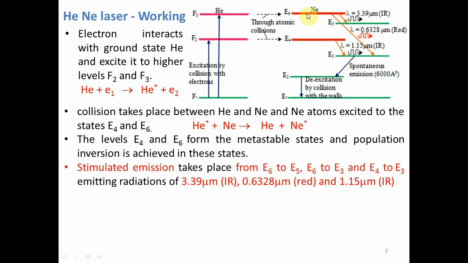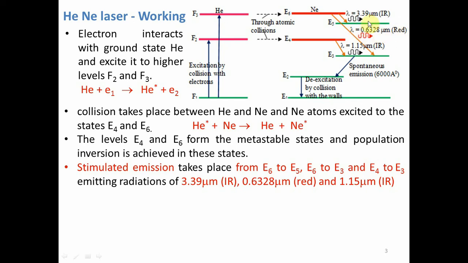Then stimulated emission takes place from E6 to E5, which emits a laser light of wavelength 3.39 micrometer, which is in infrared region. Next, stimulated emission from E6 to E3, which emits a laser light of wavelength 0.6328 micrometer, which is red in color.